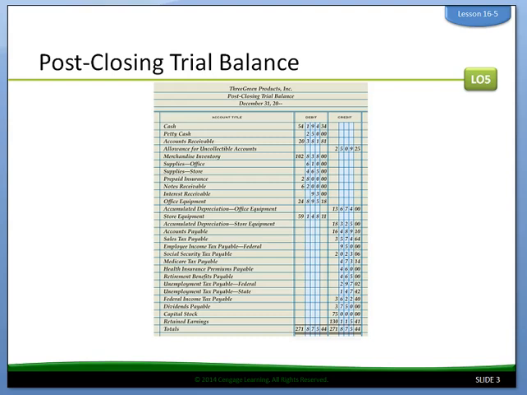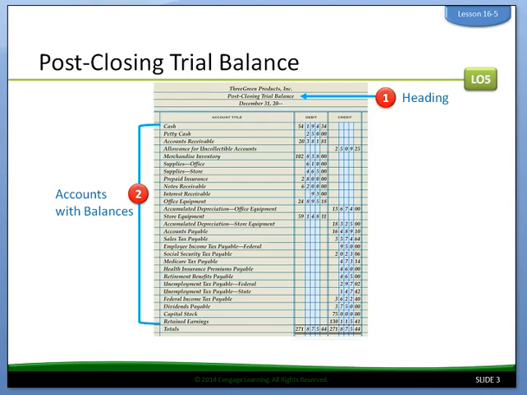All right. So first of all, we're going to write the post-closing trial balance heading on three lines: the company, the post-closing trial balance, and the date. Next, list all general ledger accounts that have balances in the account title column. Write the balance of each asset account in the debit column.